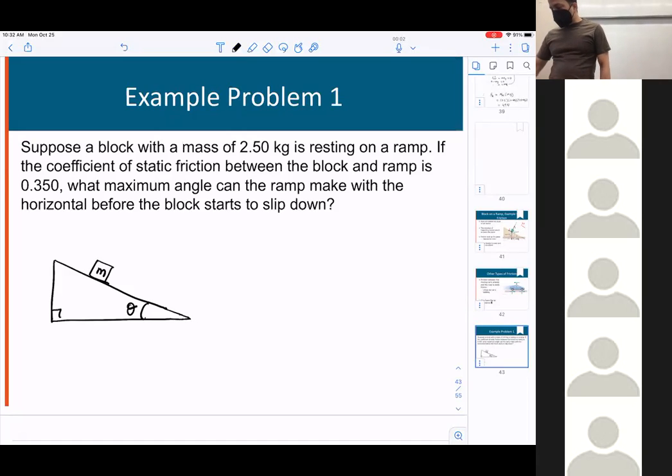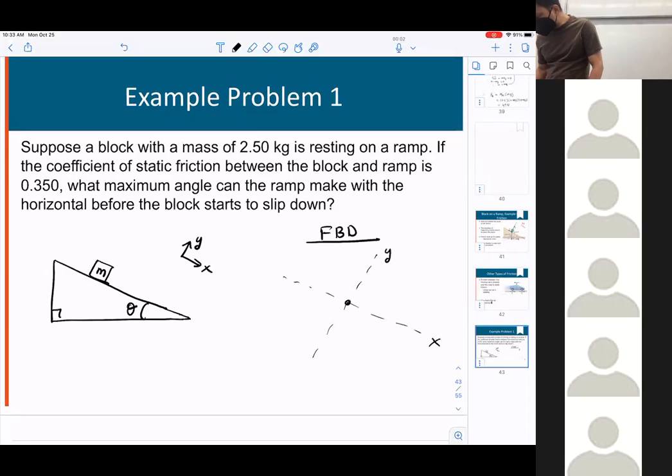What is the free body diagram in this case? Let me go ahead and draw the free body diagram. Let me choose my axes so that my x-axis is in this direction and my y-axis is in this direction. Let me draw my x-axis here, and my y-axis like that.